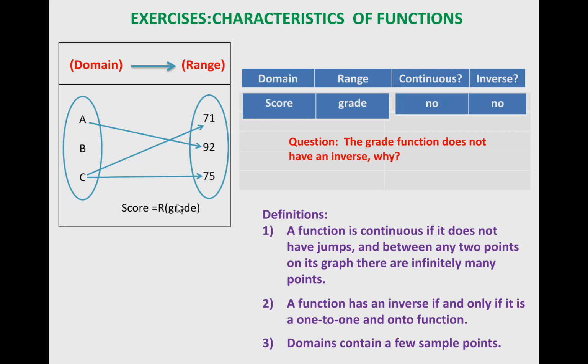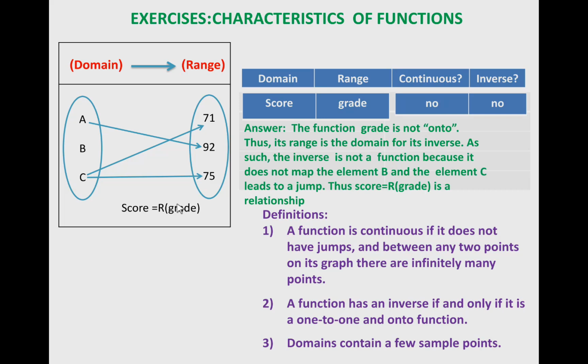Let's go ahead and look at another function. This is a summary of the answer for the question. The function grade is not onto, thus its range is the domain for its inverse. As such, the inverse is not a function because it does not map the element B, which is right here.